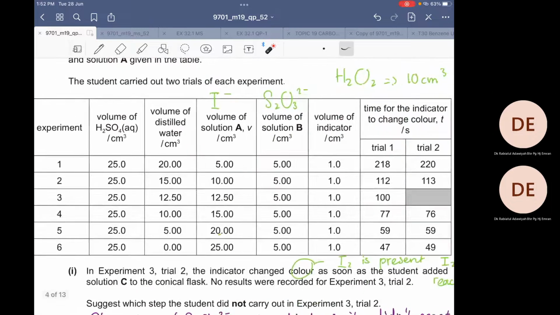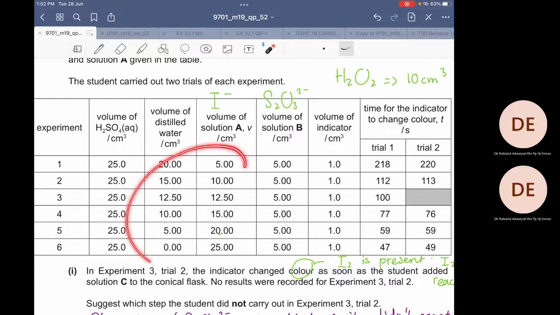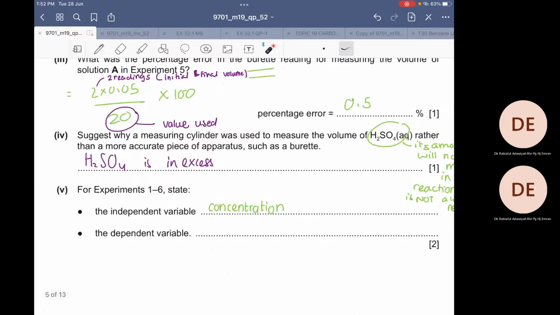What we are changing, if you can see here, is solution A. You change the volume of solution A, you are also changing the concentration. Everything else stays the same, so that's not a variable. That is the control. It stays constant. So what changes here is the volume of solution A, but more accurately it is the concentration.